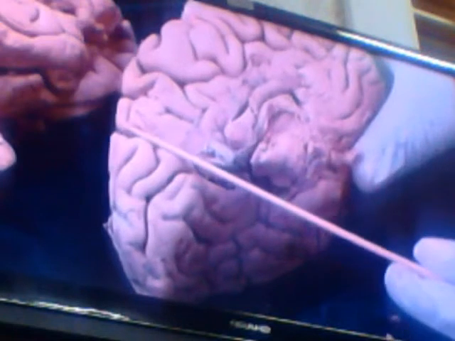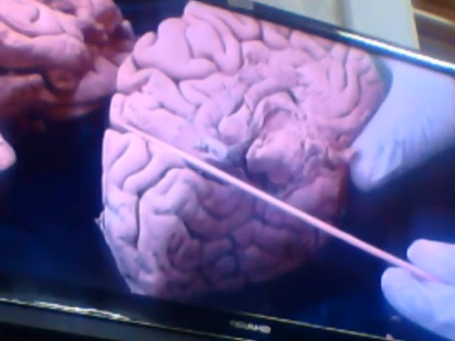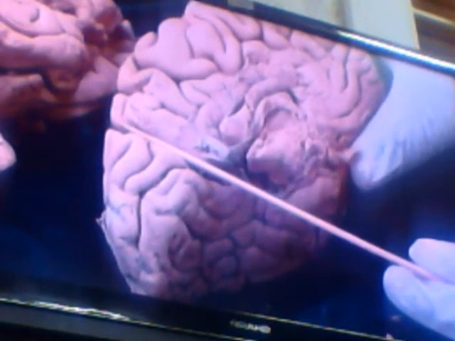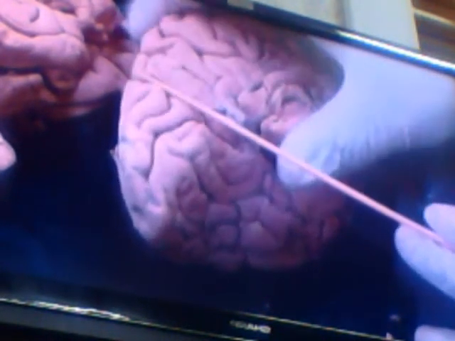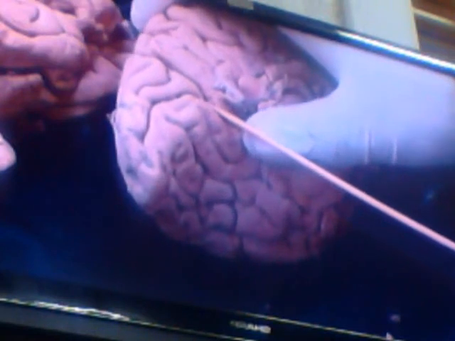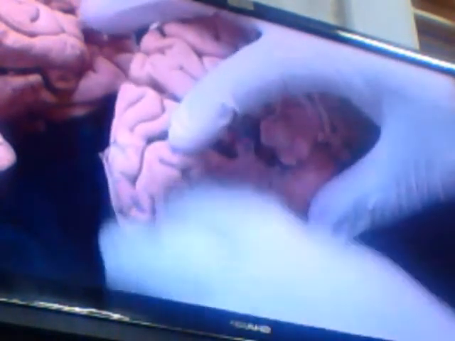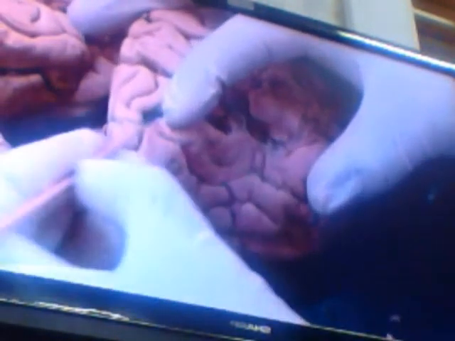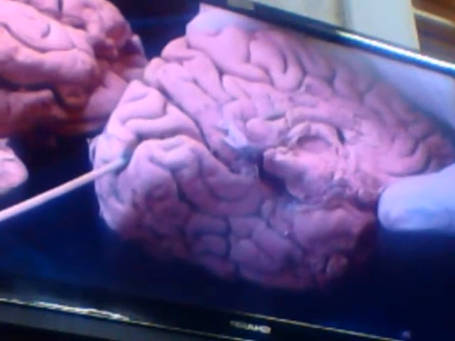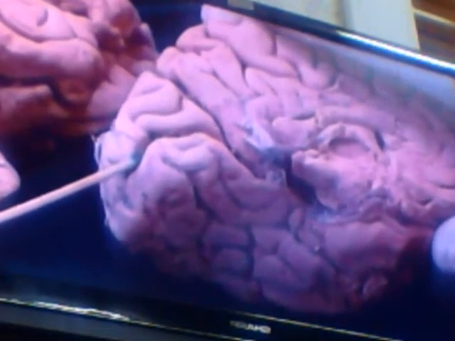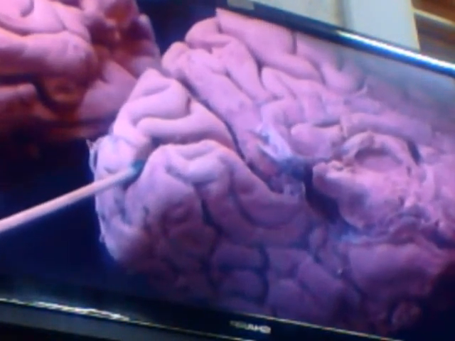What's the name of this sulcus here? Parietal occipital. Very good. Now the parietal occipital sulcus is kind of deep, and so is this sulcus here. I already have an instrument I can put inside, but this sulcus here is a deep sulcus, and it is referred to as the calcarine sulcus.